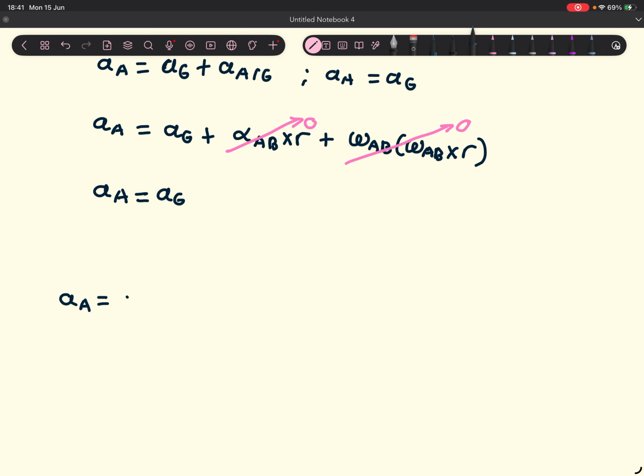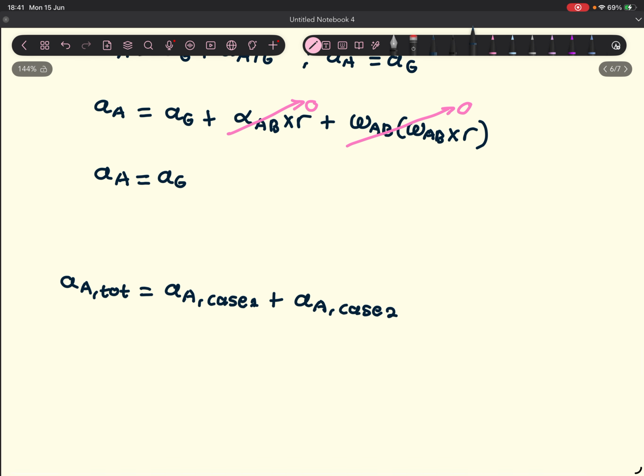So acceleration of A, I'm going to call this total, is equal to acceleration of A for case 1 plus acceleration of A for case 2, right?